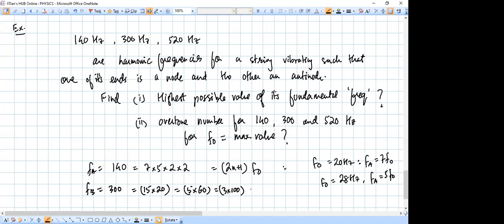So you can see that the possible fundamental frequencies for this are 20, 60, and 100. But the only one that matches with this is 20. So we'll have to take F naught as 20, in which case this FB becomes 15 times F naught.